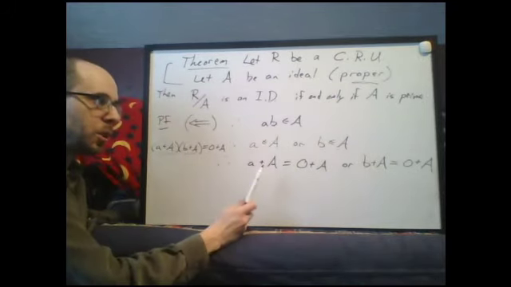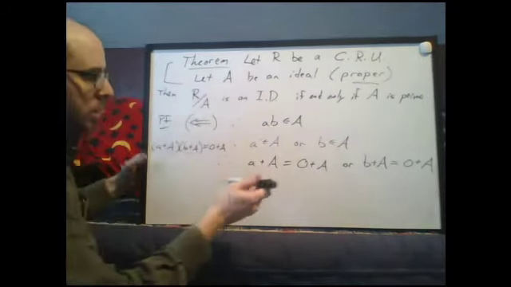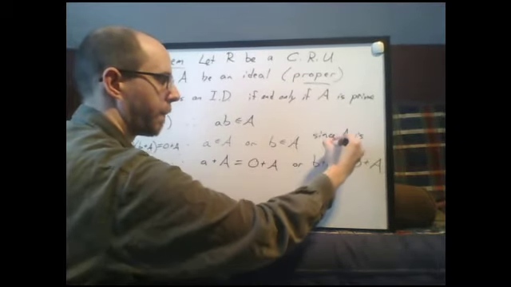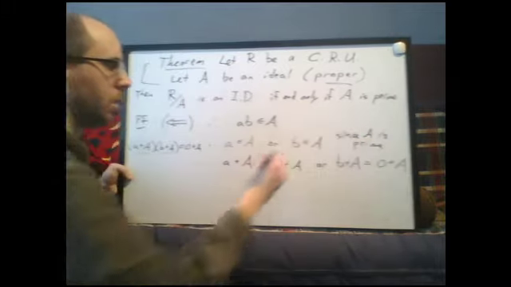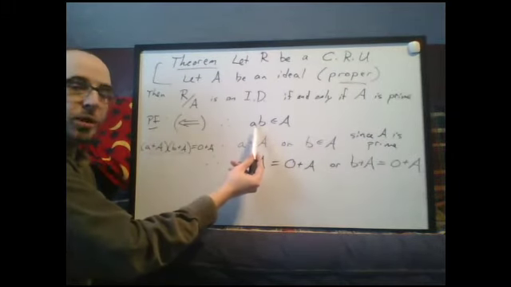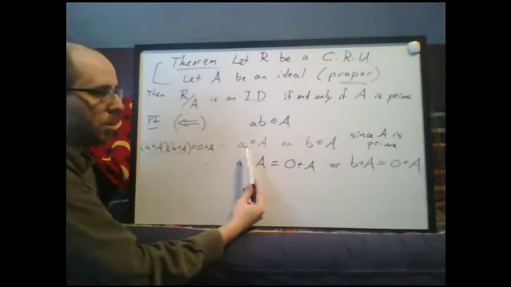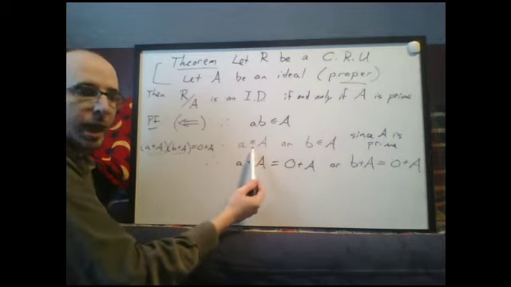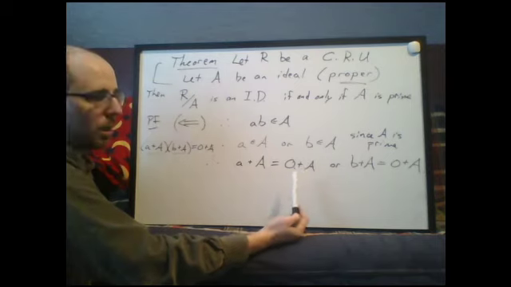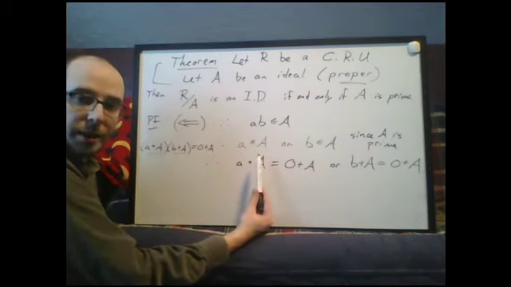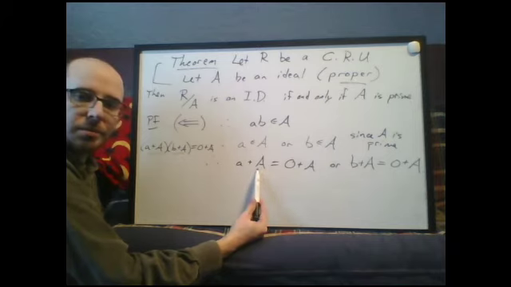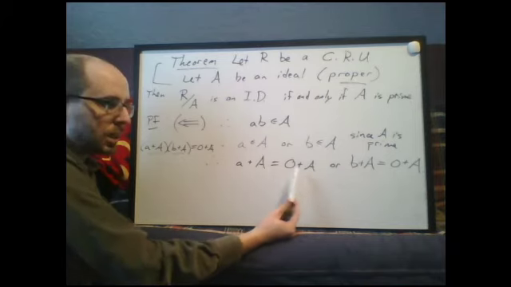We were able to show by the prime ideal, so since A is prime, once we got ab is an element of A, since A was prime, one of the two elements was already in A, either little a or little b. But if an element's in A, adding the ideal to it just gives you the ideal.